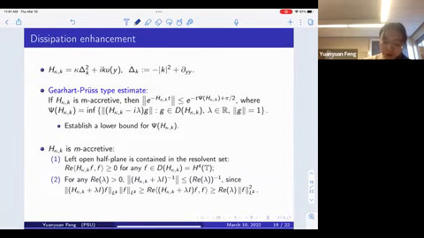So by the Gerhardt-Prust type estimate, we only need to establish a lower bound for this function psi of H kappa k.